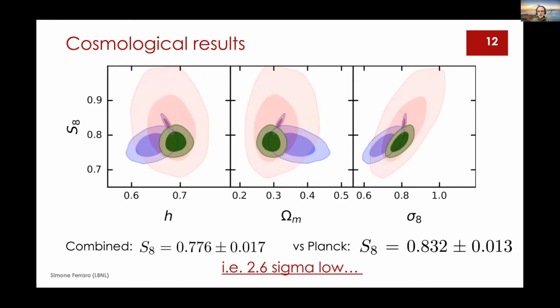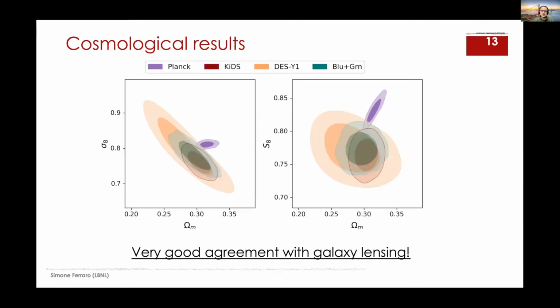Since they're consistent, we can combine them into a single measurement of S8 of 0.776 plus or minus 0.017. You compare it with the 0.83 of Planck, and it's 2.6 sigma low. If you remember the numbers, this was very consistent with the previous lensing surveys, as I show here.